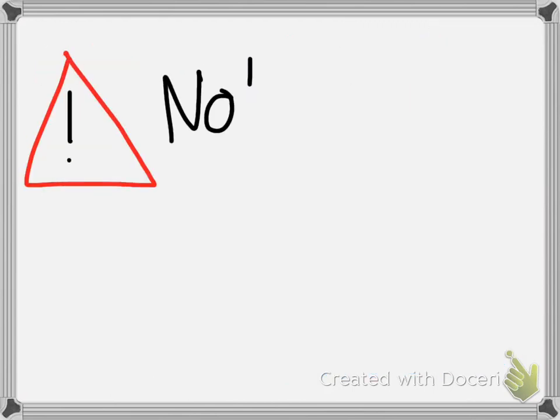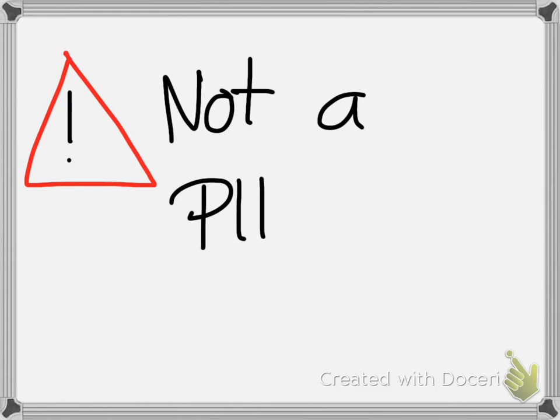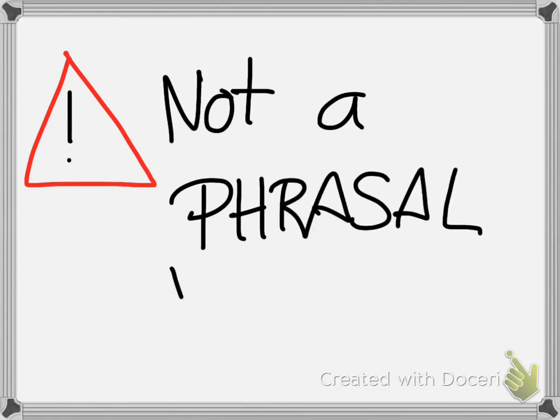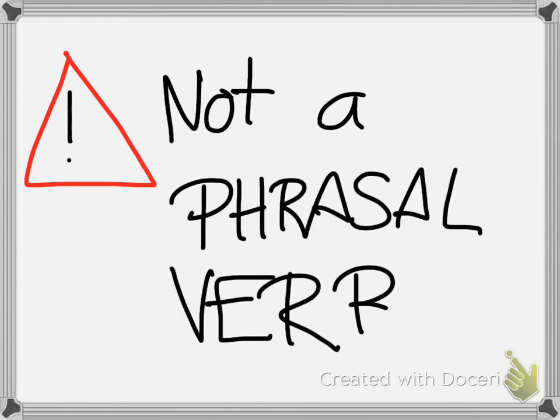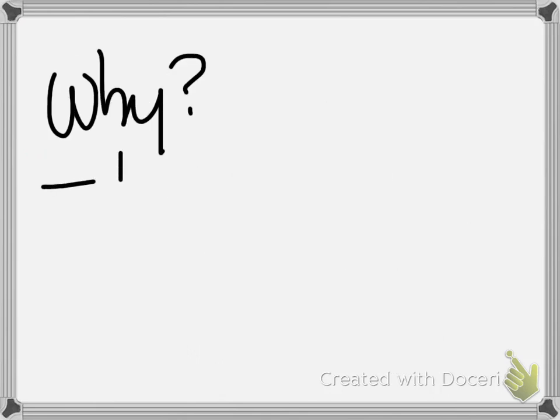But there's an issue with that. Those three combinations do not change the basic idea of talk as verbal communication. So technically, talk to, talk over, and talk about, they're not phrasal verbs. They are verbs that use different prepositions or different adverbs depending on what comes after, but they don't change the meaning of talk.